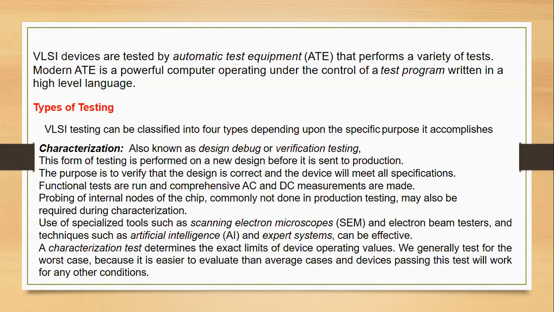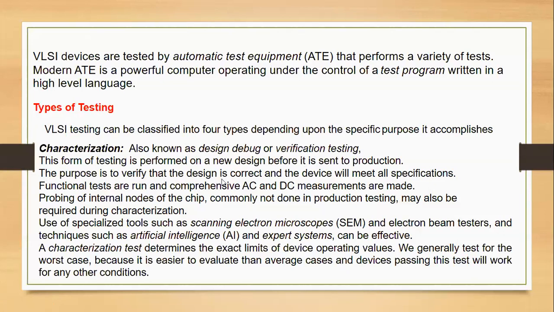All that can be characterized first. For example, if we have 10 people, each person has their own character, and we can differentiate them. In the same way, in testing, each and every circuit or operation can be differentiated. That is what design debugging or verification testing refers to.